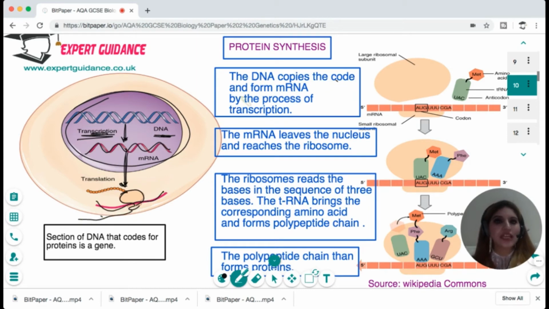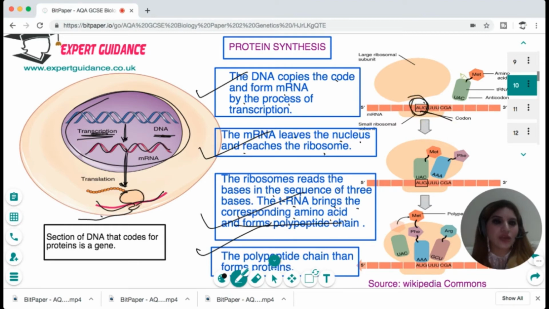So the DNA copies the code to form messenger RNA by the process of transcription. The messenger RNA leaves the nucleus and reaches the ribosome. The ribosome reads the bases in sequences of 3 bases, and the transfer RNA brings the corresponding amino acid and forms a polypeptide chain. The polypeptide chain then forms a protein. And always remember, the bases are always read in triplets, and this is known as a codon.